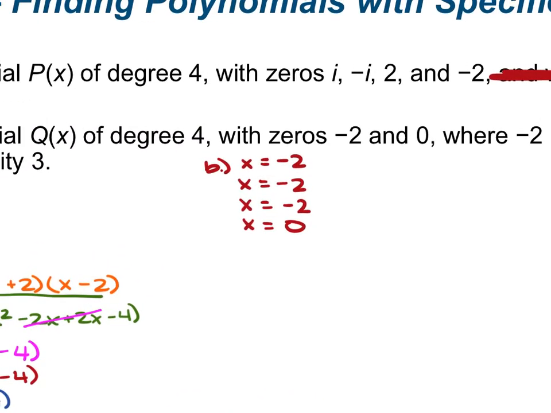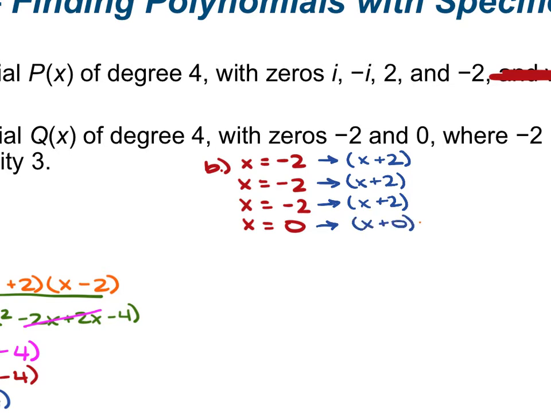So when we find these binomials that x is equal to negative 2, think opposite, positive 2, so that's x plus 2. Then again, we have x plus 2 and x plus 2. 0 is neither positive nor negative, so we can just write this as x plus 0.